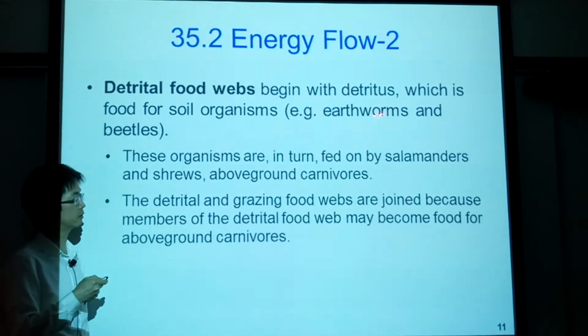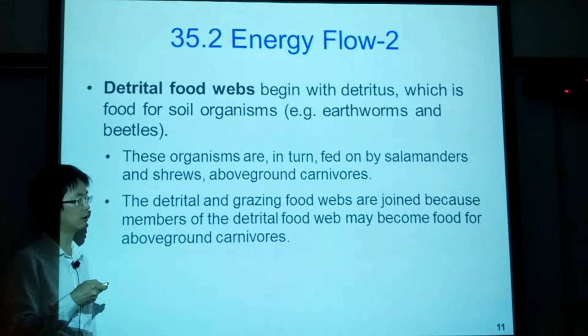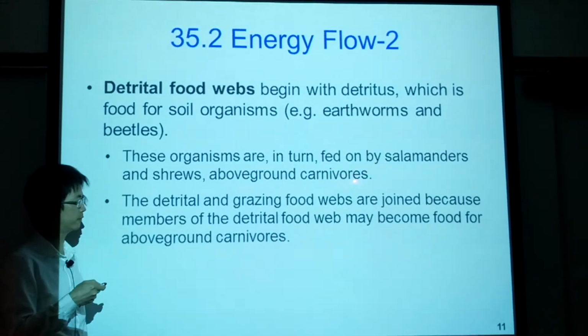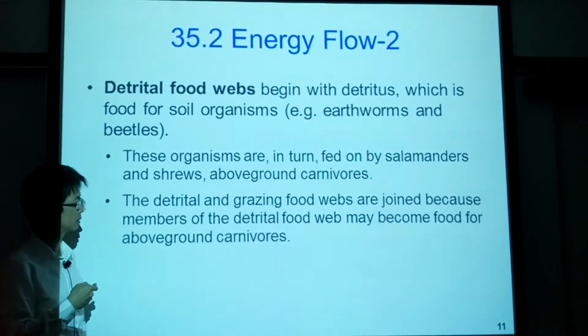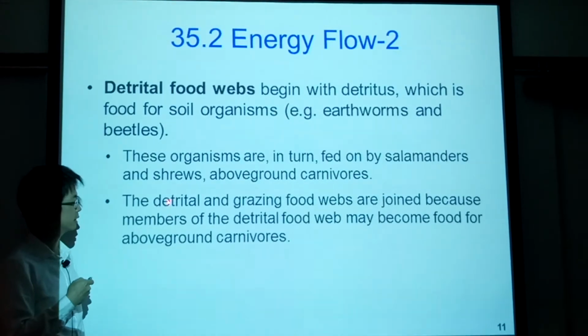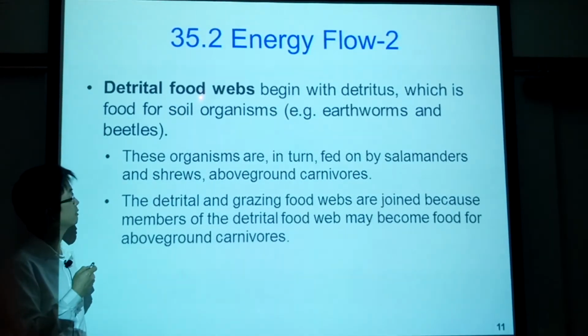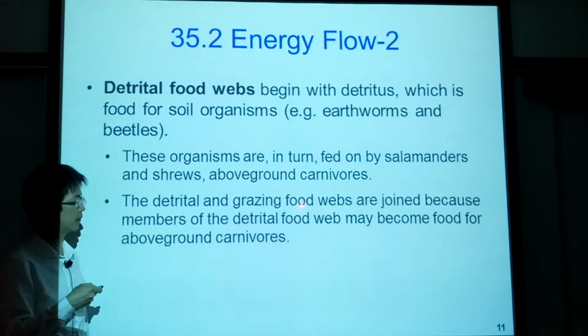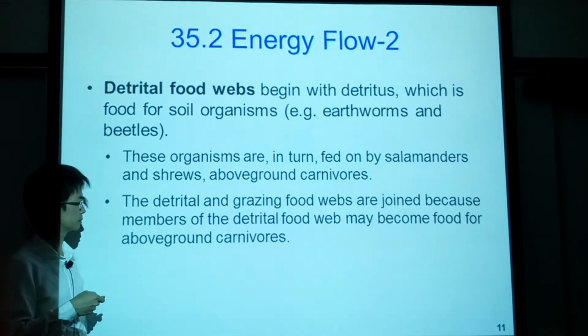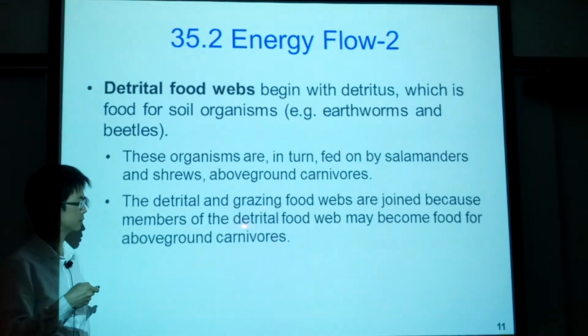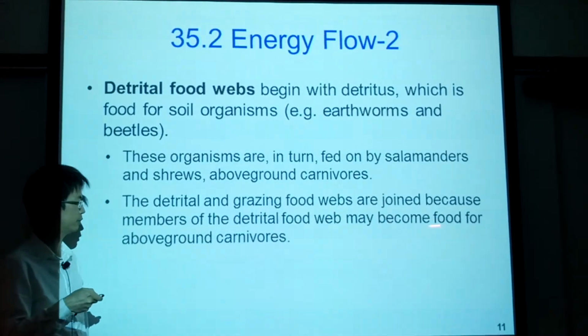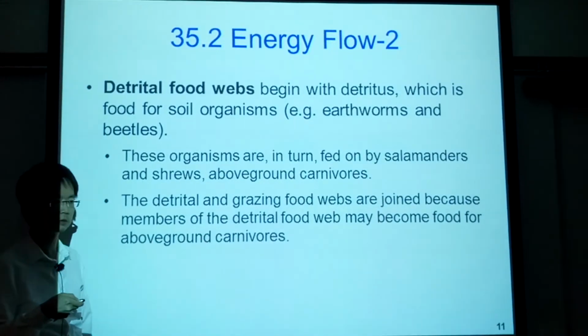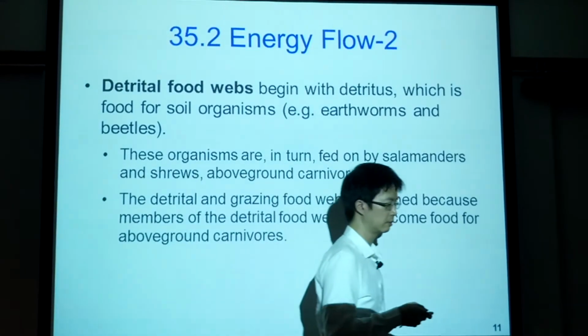So these detritivores will be fed on by the carnivores. And therefore, this detrital food web and the grazing food web are connected, because the detrital food web becomes the food for the carnivore. So that's how they are connected by the carnivore.